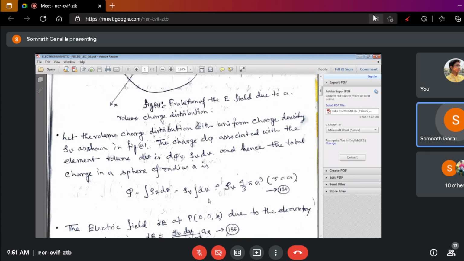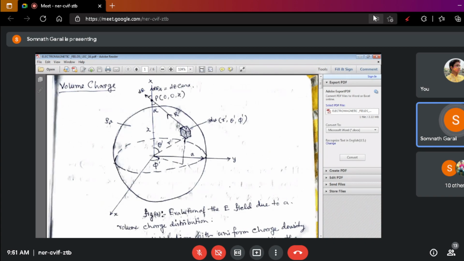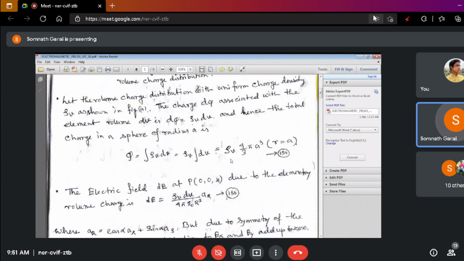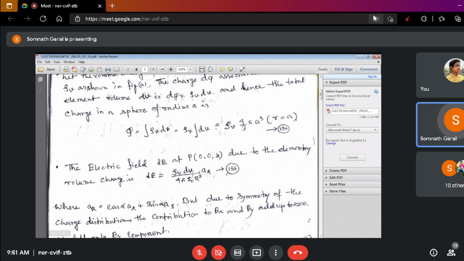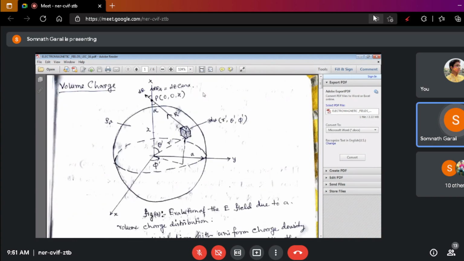If we express AR in vector component form, AR will be the addition of two components: one is z into cos phi, another is rho into sin phi, because that is the rho axis, the horizontal axis, and that is the vertical z axis.